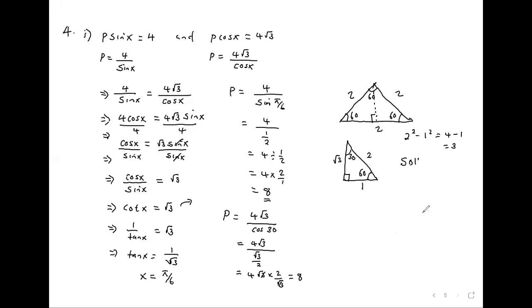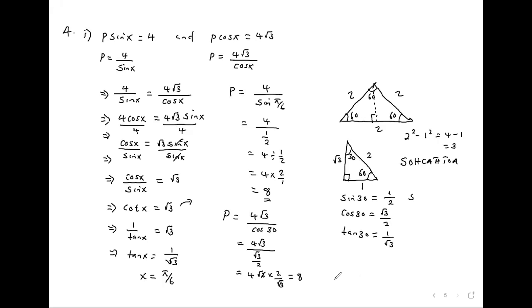Then from SOHCAHTOA, we know that sin 30 is opposite, which is 1, over hypotenuse 2. We know that cos 30 is adjacent, which is root 3, over hypotenuse, which is 2. We know that tan 30 is opposite, which is 1, over adjacent, which is root 3.